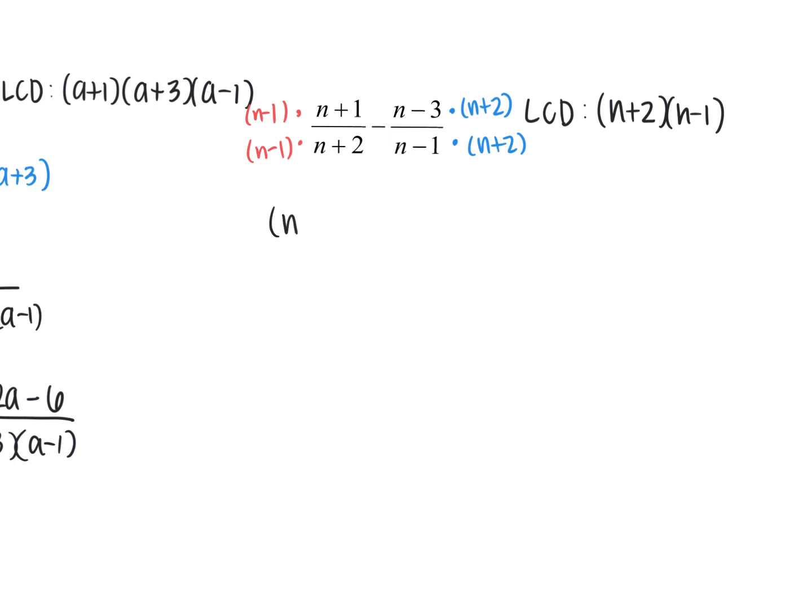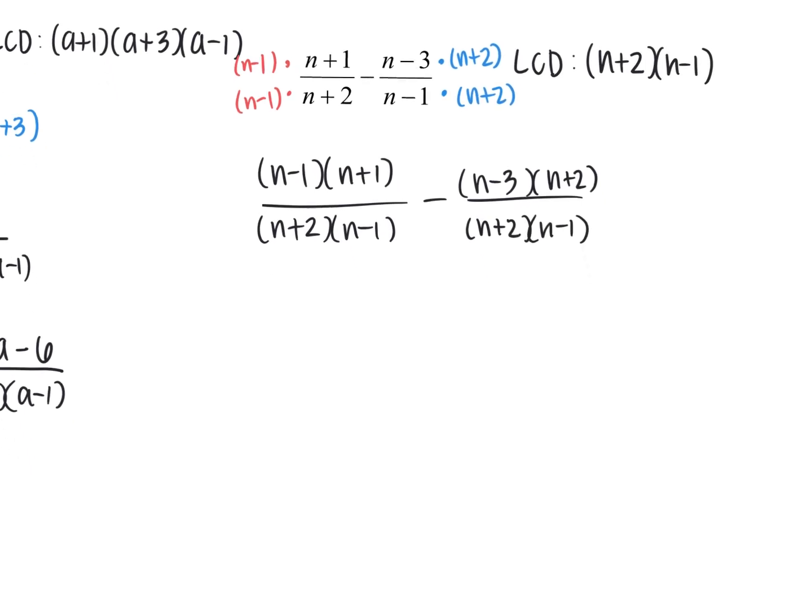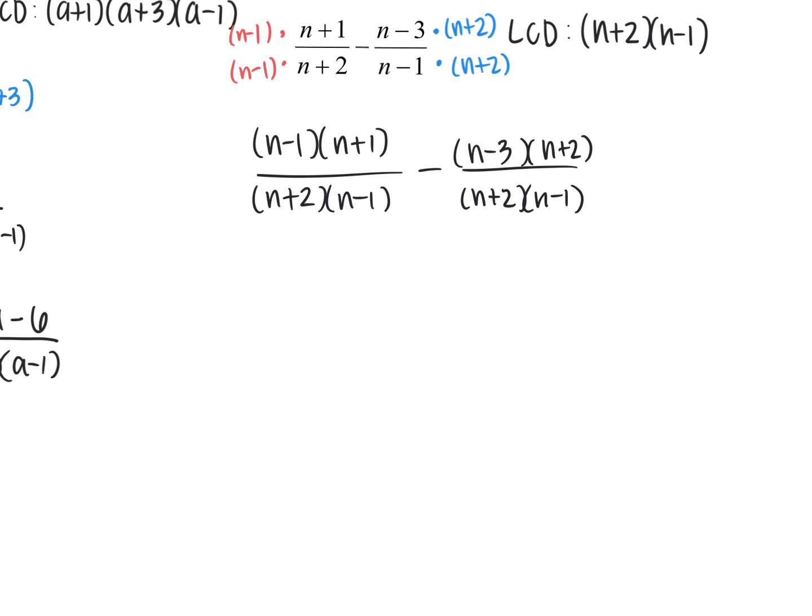So we're going to have n minus 1 times n plus 1 over n plus 2, n minus 1, minus n minus 3 times n plus 2 over n plus 2 times n minus 1. So just like our previous example, I have to use the distributive property.